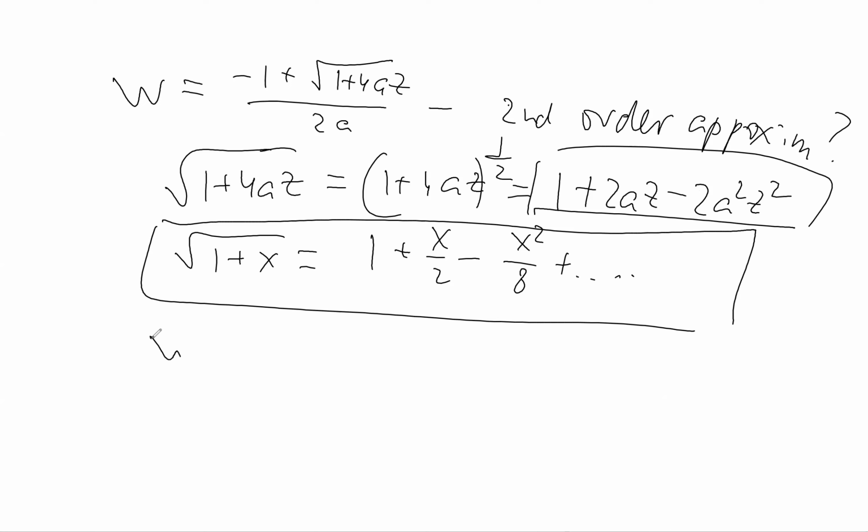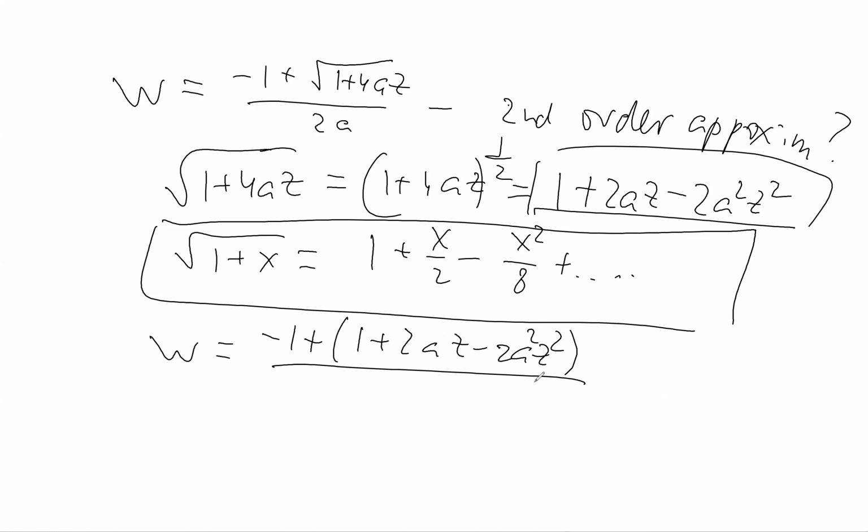Therefore, w will be equal to -1 plus 1 plus 2az minus 2a squared z squared, divided by 2a. So this cancels, and we have z minus 2az squared. So this is the quadratic approximation, what we got for w.